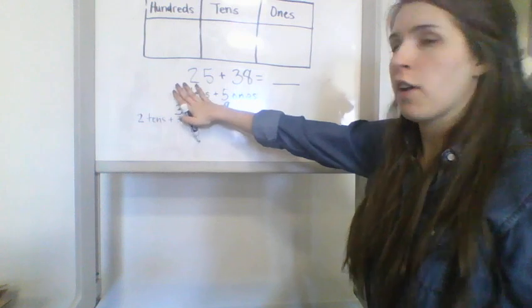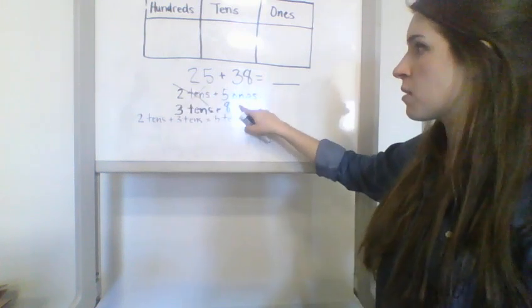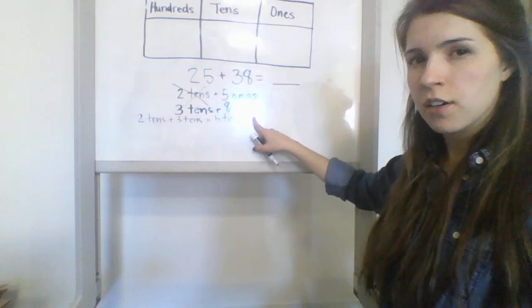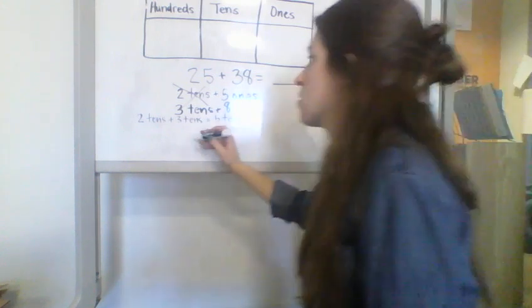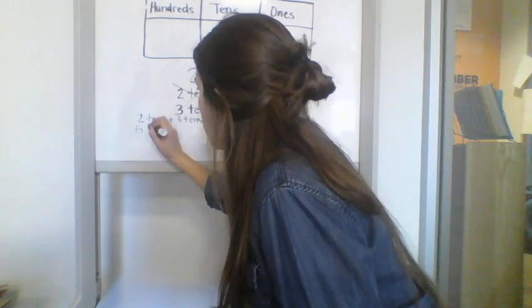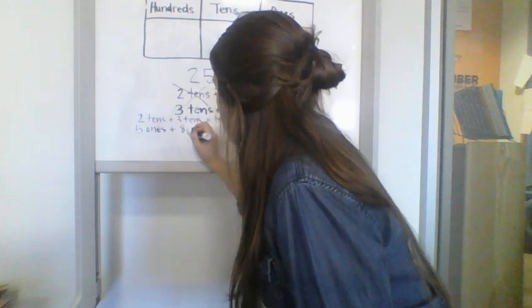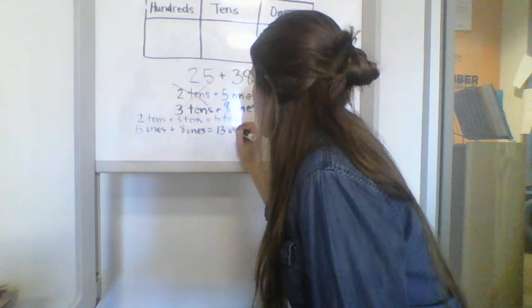So now we've already taken care of these. Go to this part. So 5 ones plus 8 ones, how much does that equal? So this is a little trickier. So 5 plus 8 equals 13 ones. So 5 ones plus 8 ones equals 13 ones.